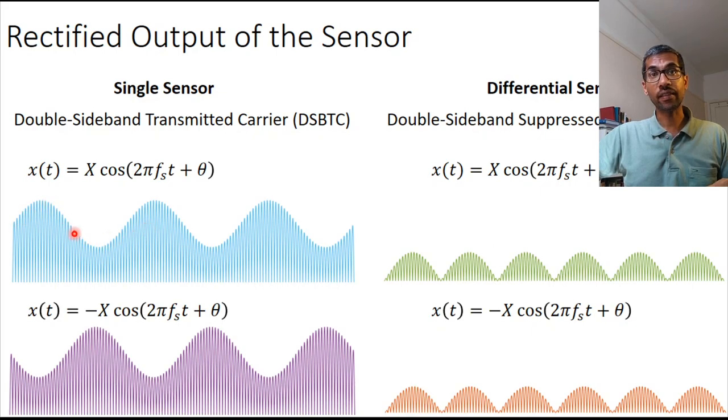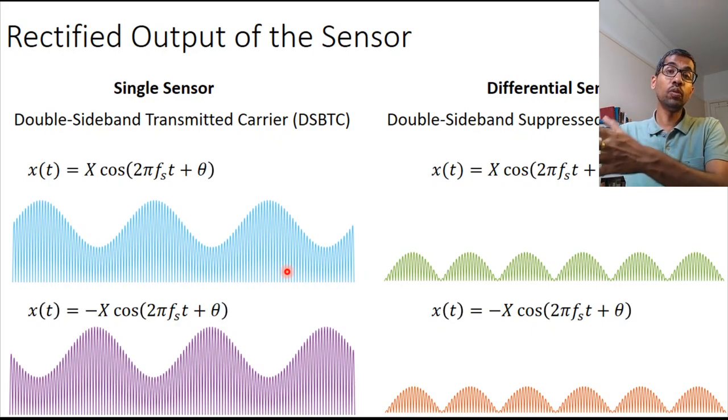You're not getting the X anymore, like this kind of a sine wave. You're getting some strange kind of signal. So you've lost the phase information. Basically, you lose the phase information only in the case of differential sensors. You do not lose the phase information in the case of single sensors. So that's another disadvantage of differential sensors.